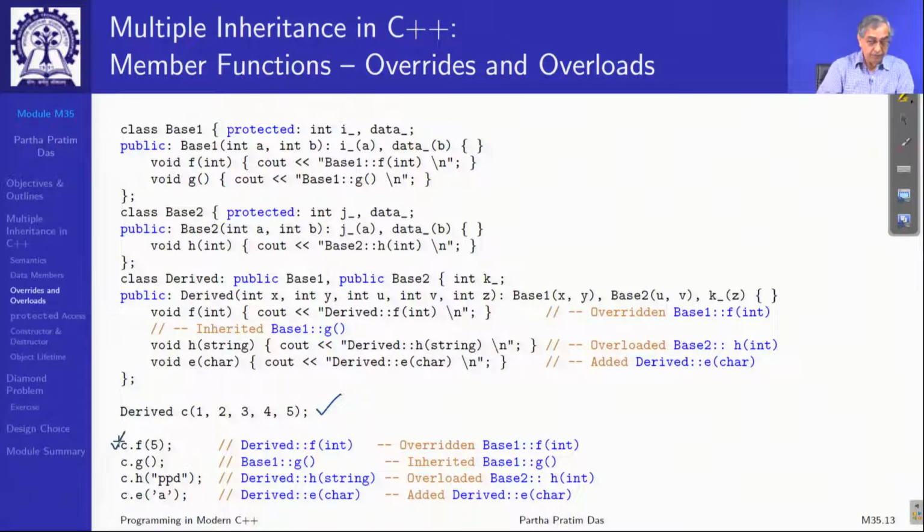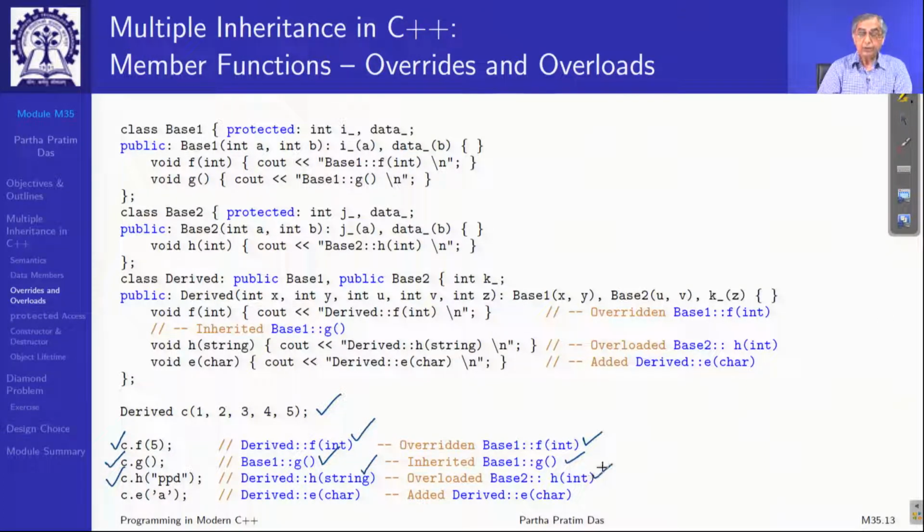So, C.f will naturally be Base1::f, because you are doing a static binding. C.g will be Base1::g, because you have just inherited it. Here you have got it from Derived. So, you have the overridden function which you will be able to call. Here it is the same. If you call C.h with a string, you will get the derived class h function.